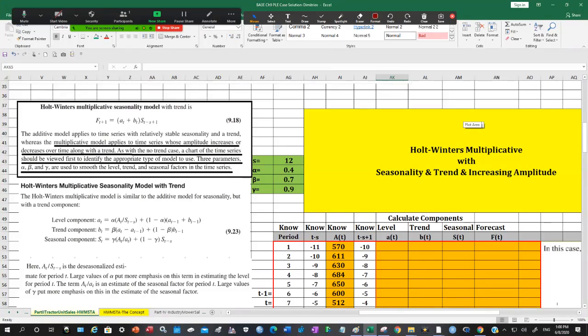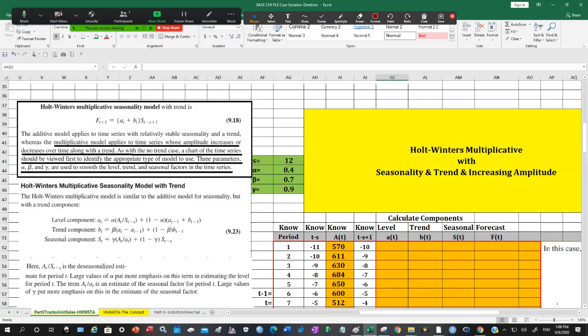There's another Holt-Winters multiplicative with seasonality, no trend, and increasing amplitude. Here, though, to reiterate, we will cover the Holt-Winters multiplicative with seasonality and trend and an increasing amplitude.